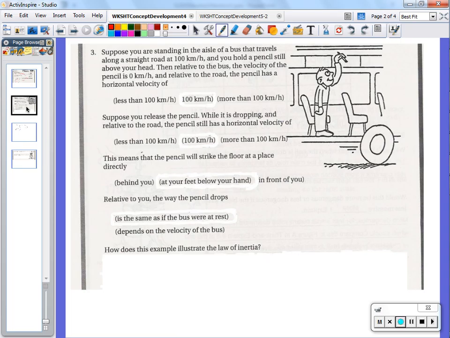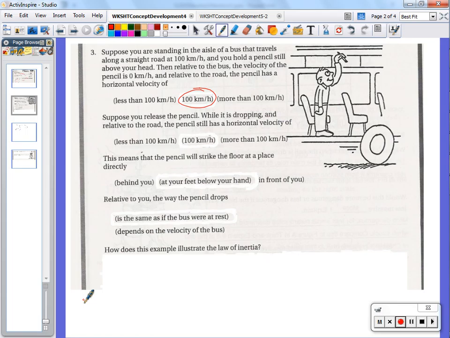But even though it appears to you that the pencil is standing still, in relation to the road, it's traveling 100 kilometers per hour, or relative to some guy standing outside of the bus on the sidewalk. All right, here's where inertia takes over.